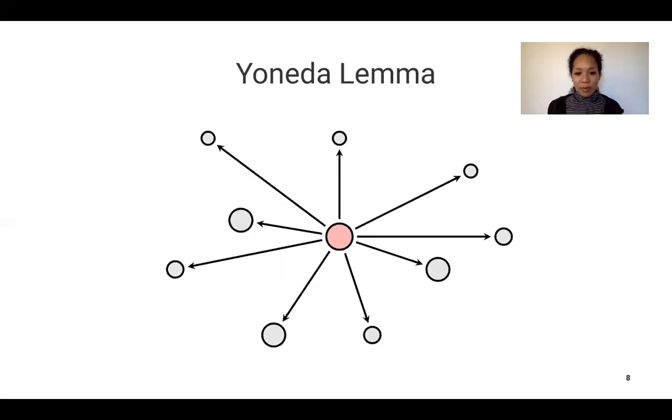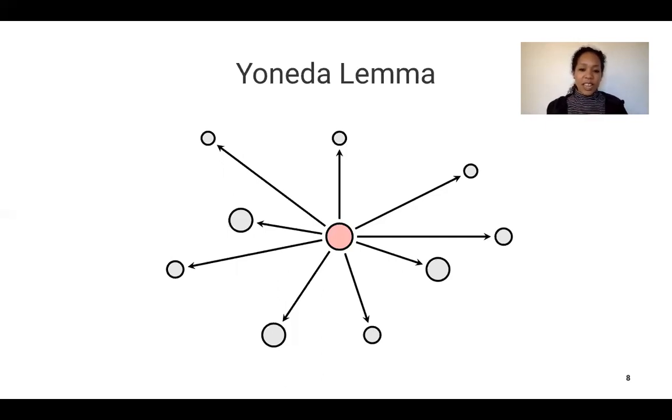Well, the idea is summed up really nicely in what is probably the most famous theorem in category theory, called the Yoneda lemma. The Yoneda lemma is a result that says any mathematical object, like a group or a topological space or a manifold, is completely determined by the network of relationships that that object has with other objects in the ambient environment.